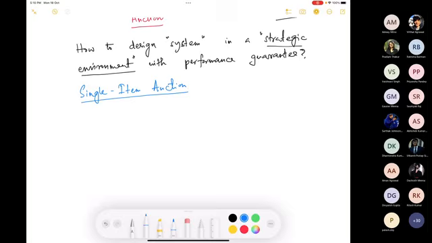There is one seller selling one item to n potential buyers.